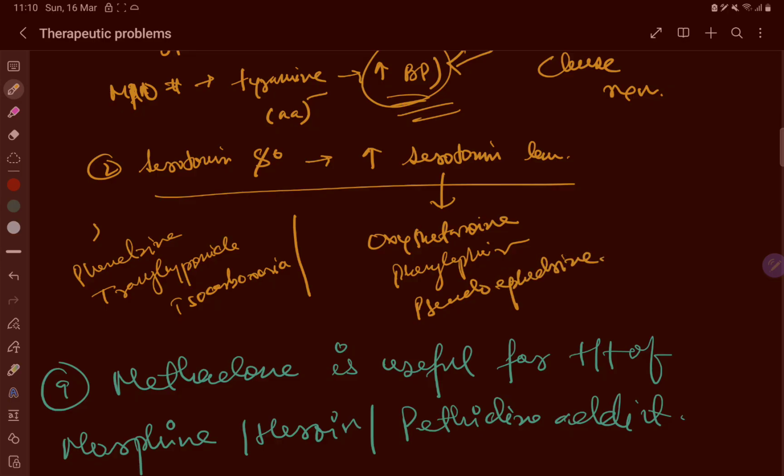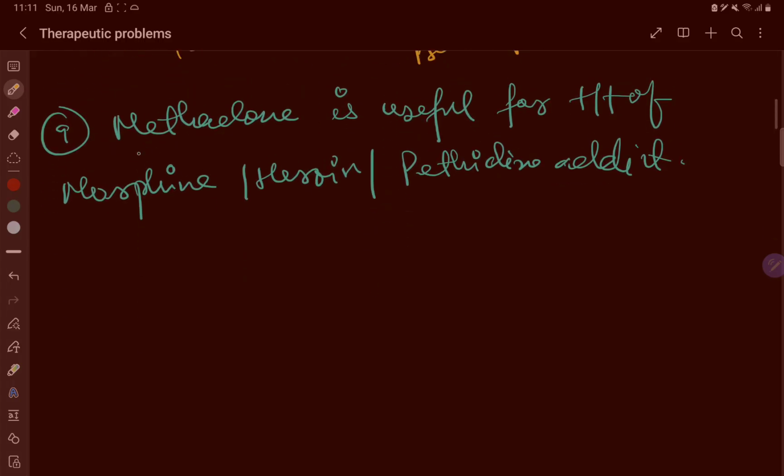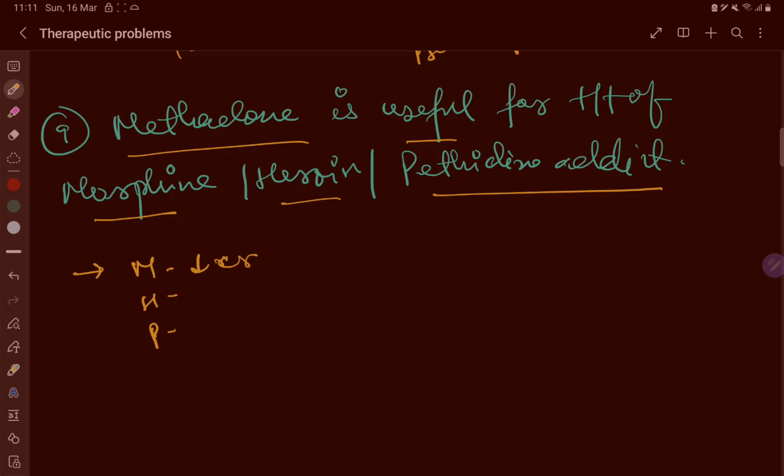Now methadone is useful for the treatment of morphine, heroin, or pethidine addicts. Methadone can help manage the withdrawal symptoms and reduce cravings in morphine addict patients.